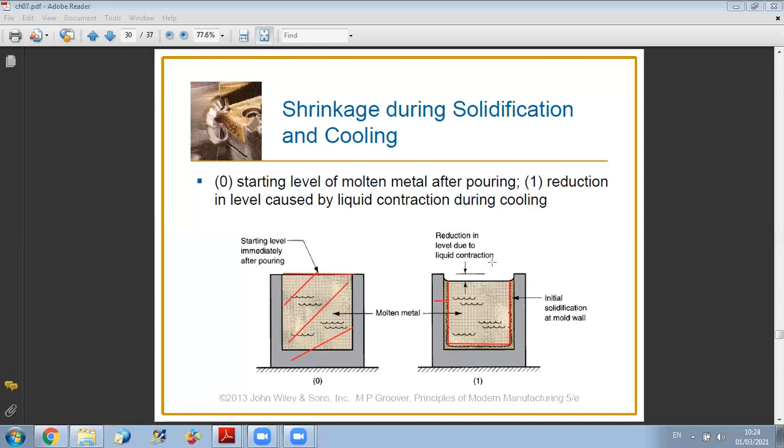In general, liquid shrinking takes place along a vertical direction. Why? Because in general, when we have a riser, the riser will maintain supply of molten metal to the base in a way to cover the whole base. So in general, when we talk about liquid contraction, it will be in one dimension, perpendicular to the base.